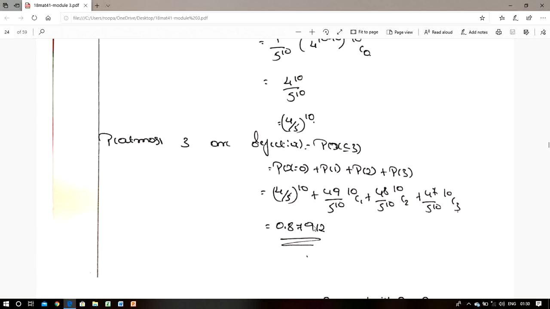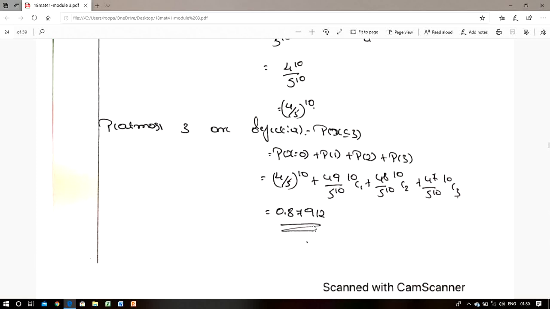The last condition is at most 3 are defective. At most means maximum 3, so out of 10 transistors at most 3 are defective. We can write P of x less than or equal to 3, meaning x is 0, 1, 2 or 3, that's it.